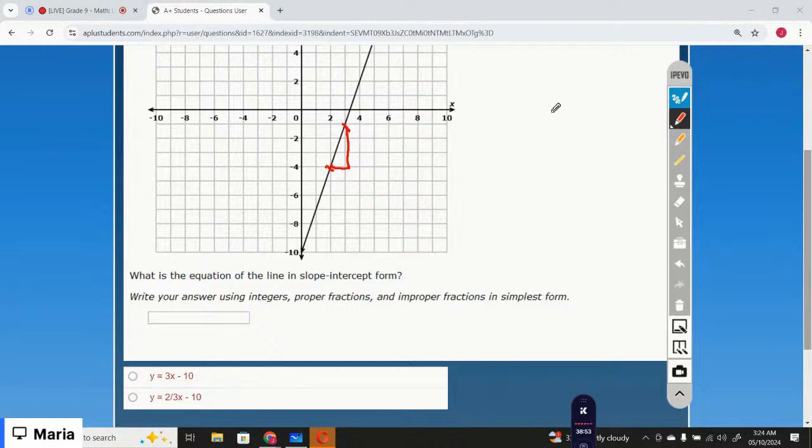Change in y divided by change in x, that is the slope. So slope is 3. So the correct option is y equals 3x minus 10 because the y-intercept is negative 10.